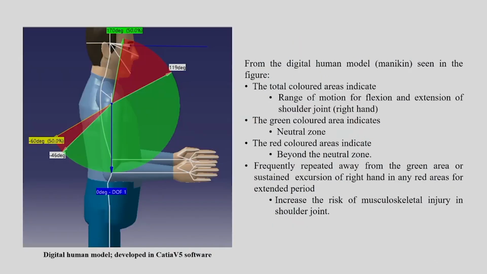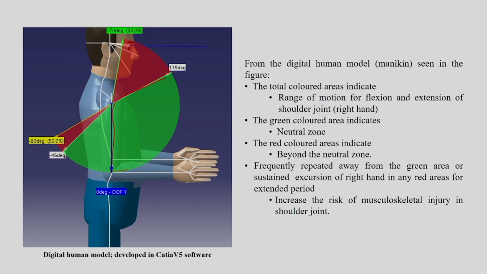So this is a figure which is developed as a digital human model in CATIA V software. What it tries to explain here are these green zones.